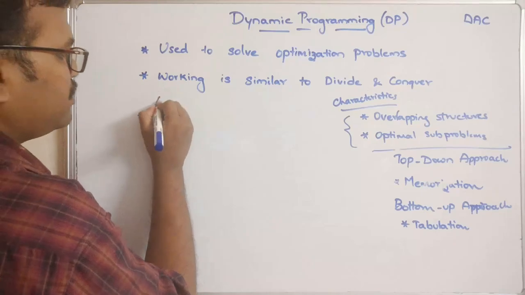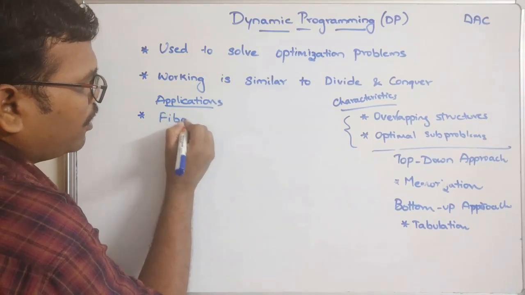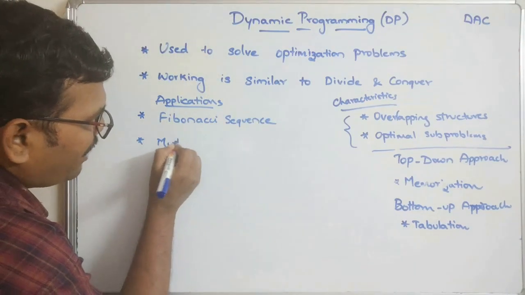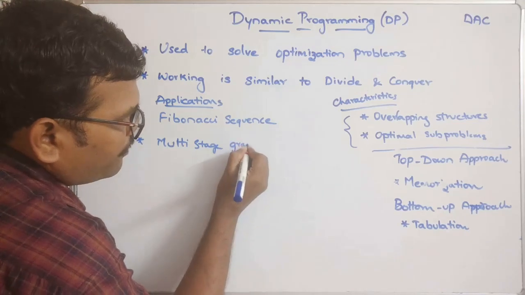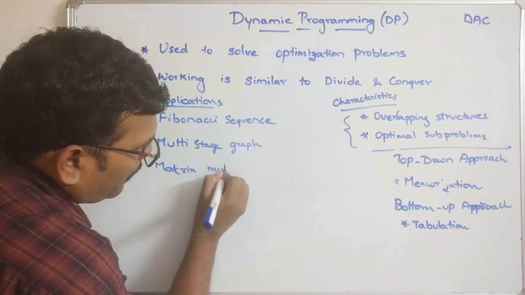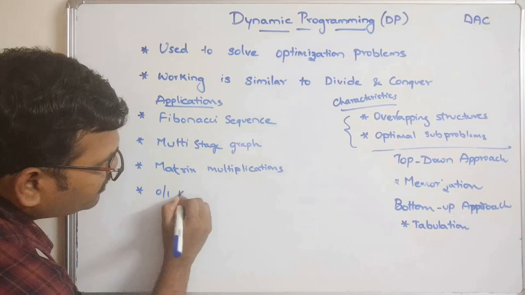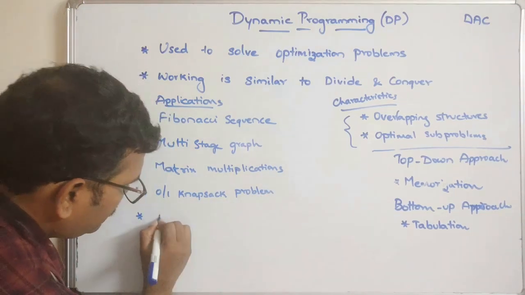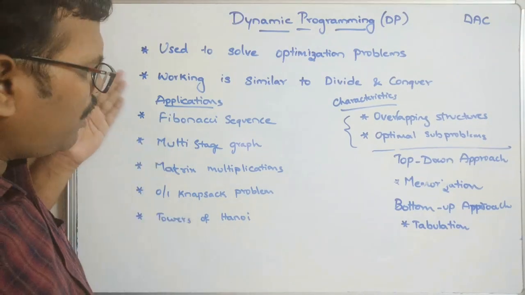As we just discussed, the Fibonacci sequence, multi-stage graph, matrix multiplication, 0-1 knapsack, towers of Hanoi. A lot of applications are there.